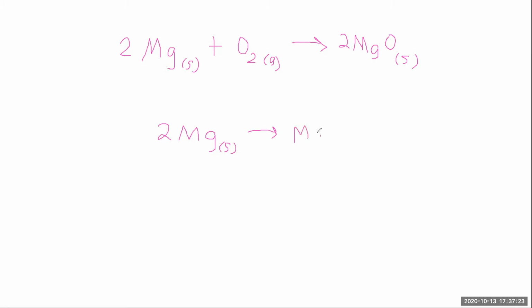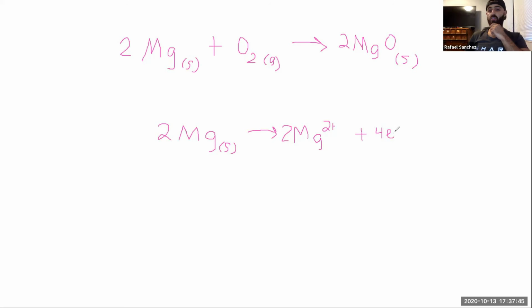Because if it's going to be like a noble gas, 2 plus 2 electrons. Is it 2 electrons or is it 4 electrons? 4 electrons. So that's just because there's 2 Mg's, right? Yep. Okay.